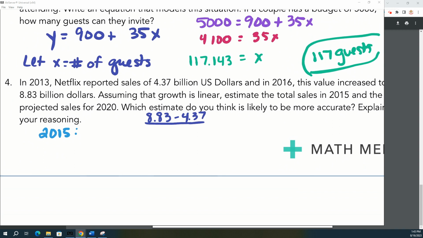How many years have changed? 2016, 2013. 3 years. So it looks like their growth is $1.487 billion a year.